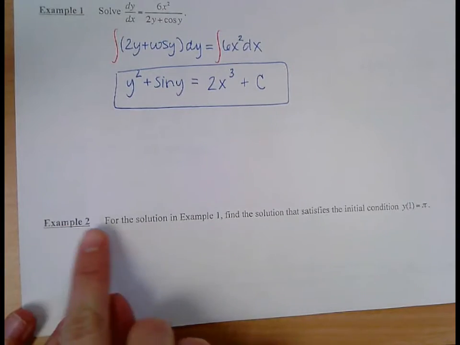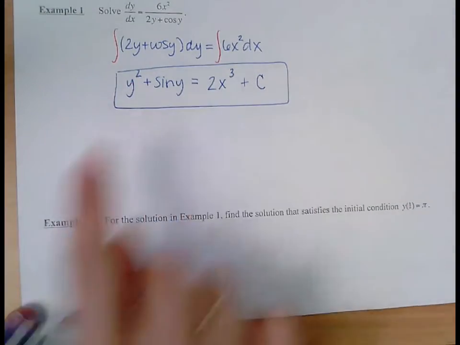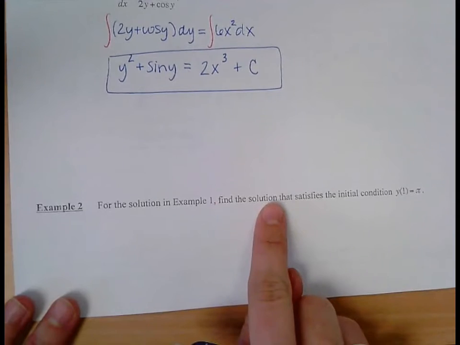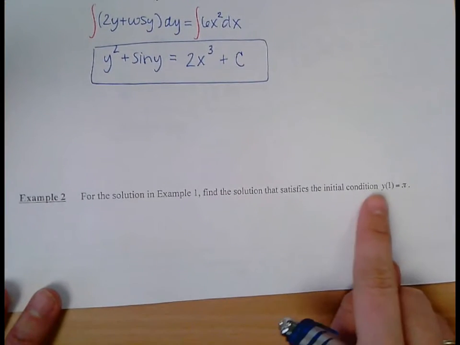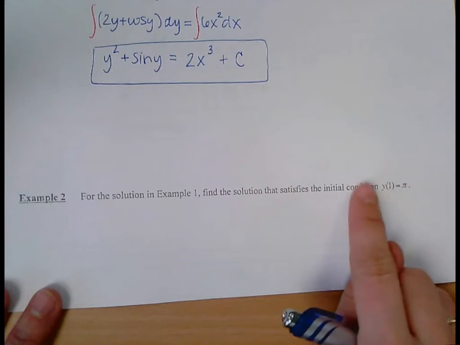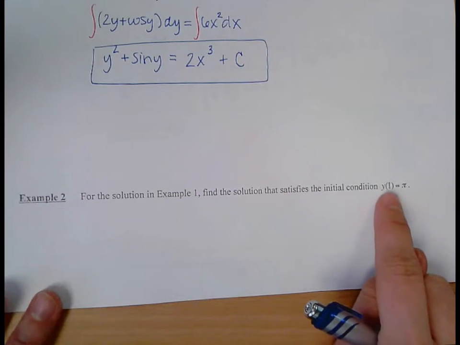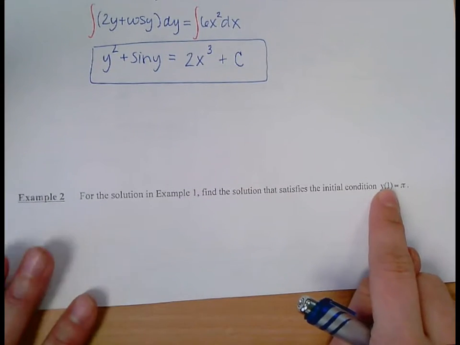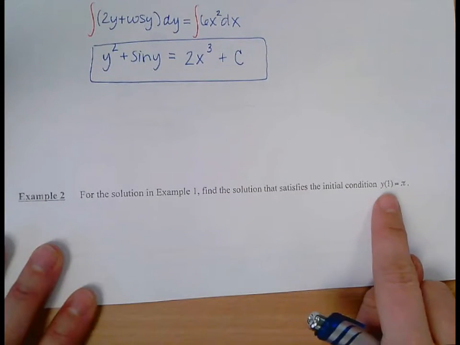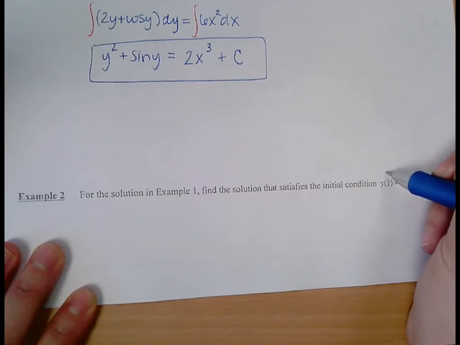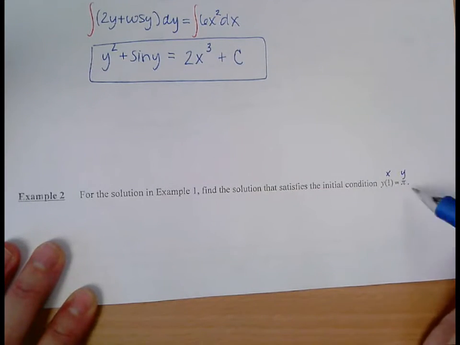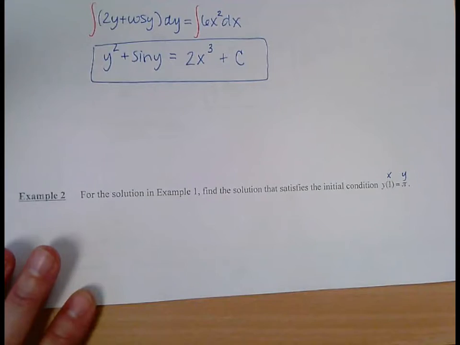Example 2 says, now for this solution in example 1, find the solution that satisfies this initial condition. So here's where we did this in 7.1. You would substitute in the x and y values to find your c.